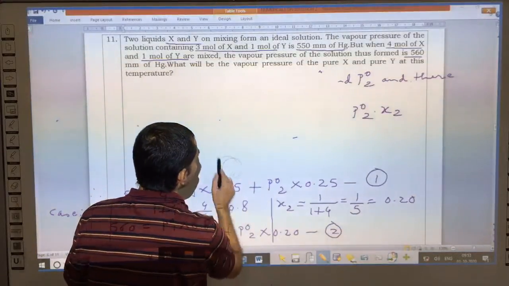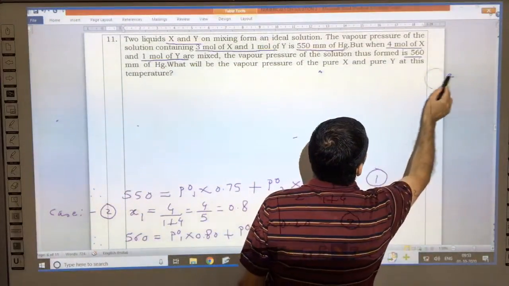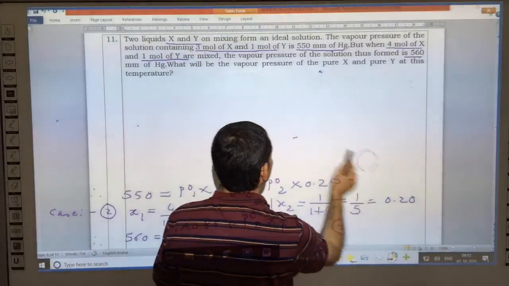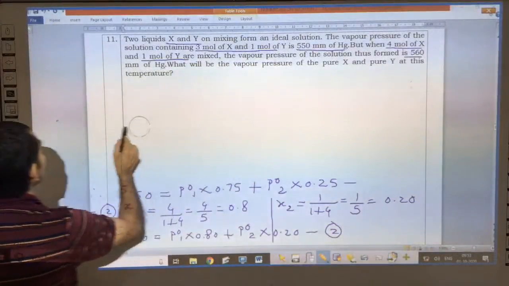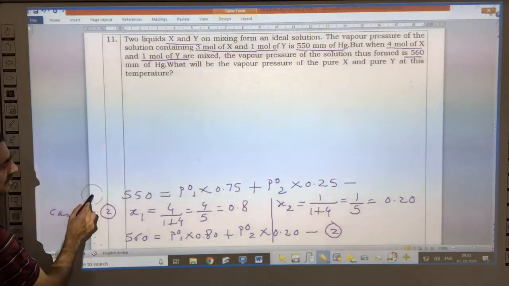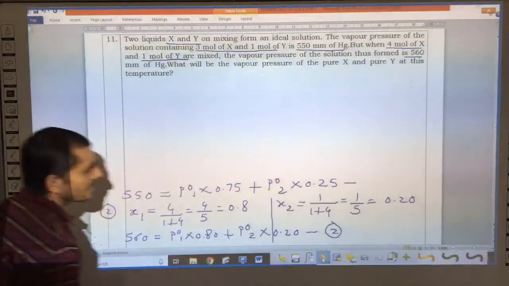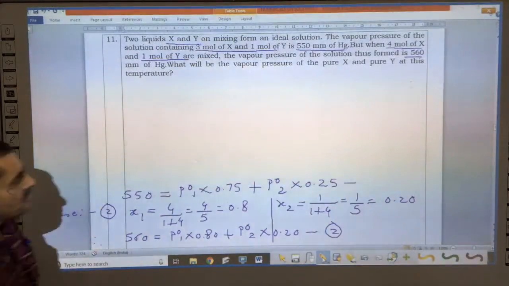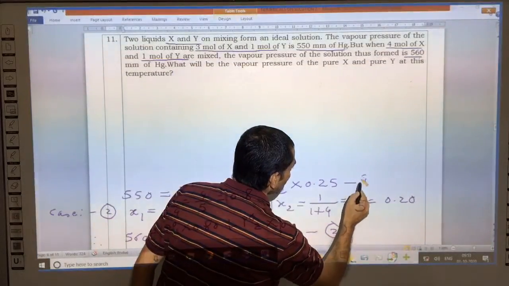We have got two equations, equation number 1 and equation number 2. There are two equations here which I have written. Now from these equations you will solve. This is equation number 1.